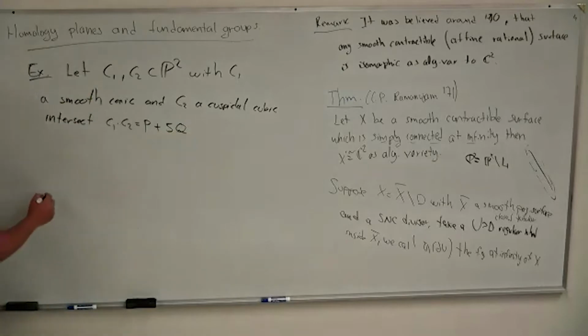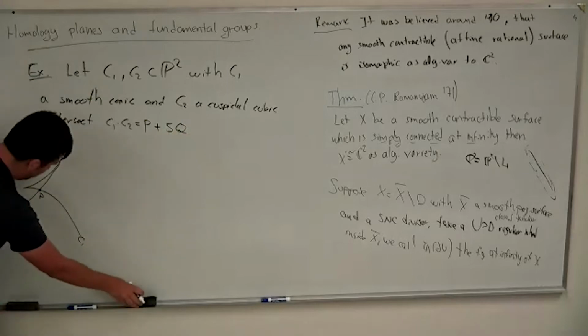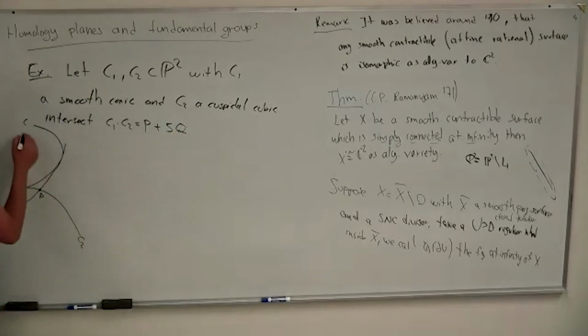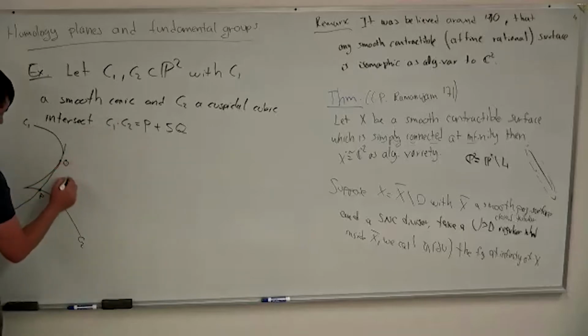So now let me make a design of this. So we have a cuspidal cubic. It is transverse at some point P here. So this is C2. This is C1. And we have a point intersecting with 5 times here. Okay?